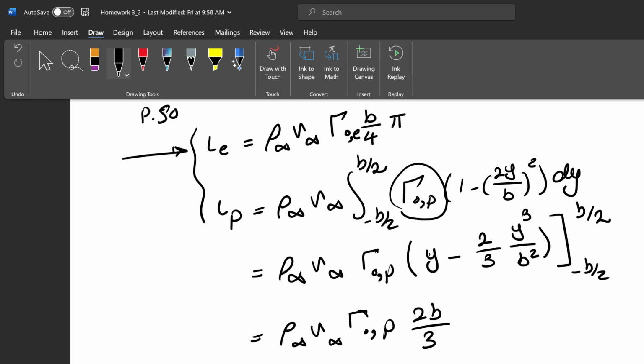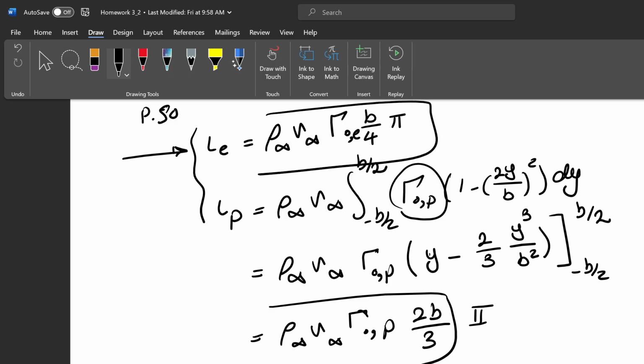Sorry, so we have this, and we have to set the second one equal to the first one. So L of E equals L of P, which means that rho infinity, v infinity, gamma naught of elliptical, b over 4 pi, equals rho infinity, v infinity, gamma naught of parabolic, 2b over 3.